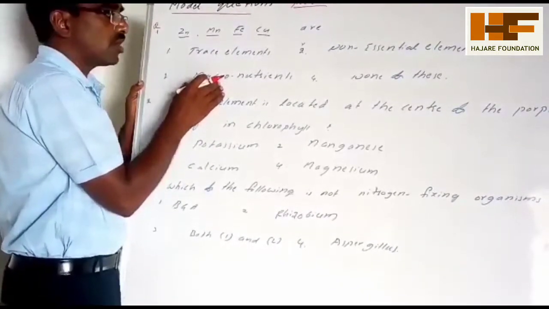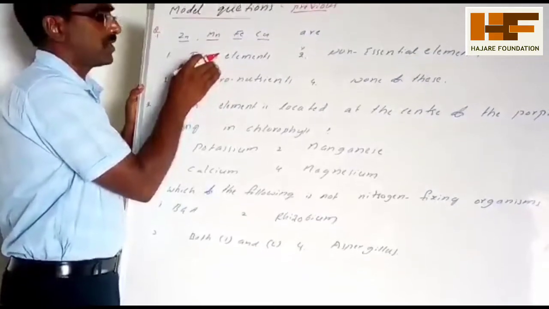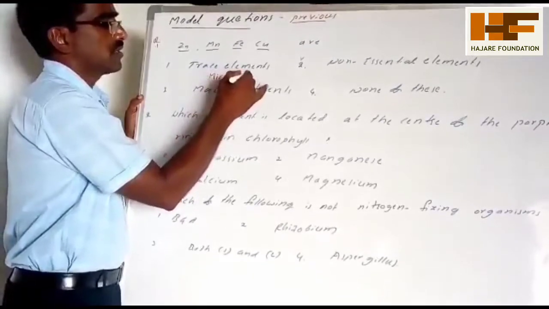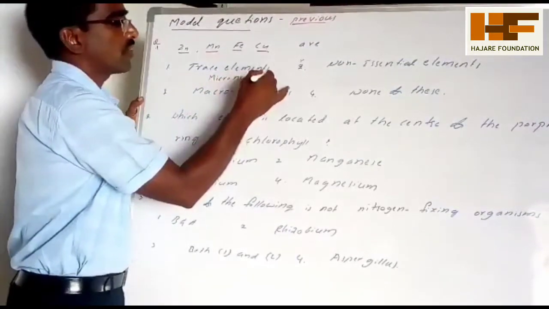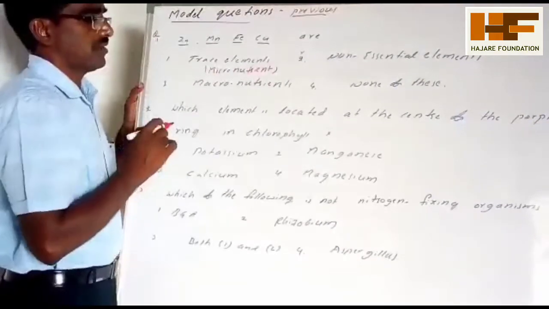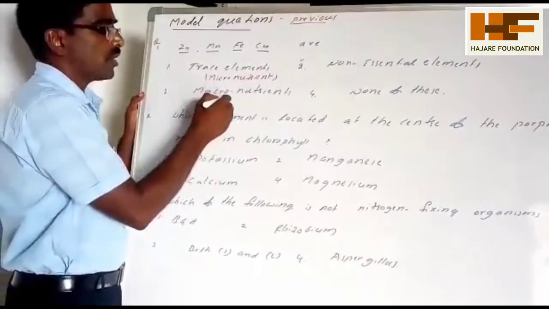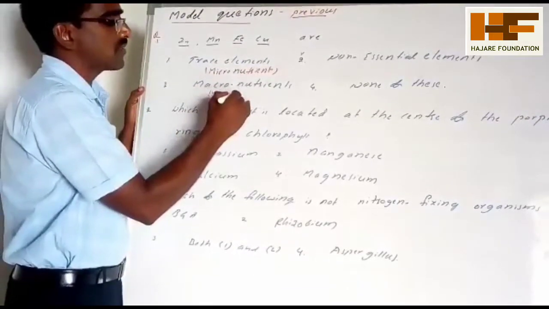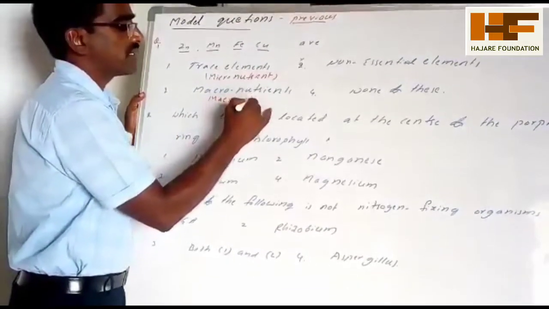We have to know the meaning of trace element. Trace element is nothing but micronutrients. The other name for micronutrient is trace, very less amount. That's why they call it a trace element. The third option is macronutrient, which in other words we can call macroelements.